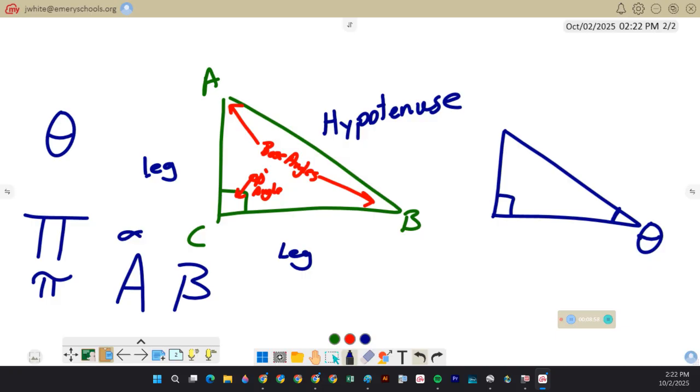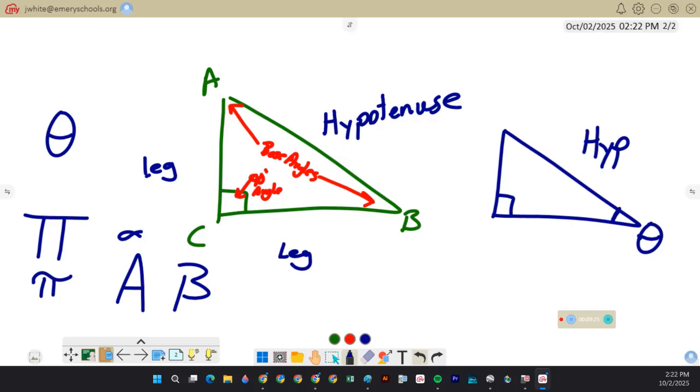Now, in this triangle, this is the hypotenuse. That's not up for debate. But the two legs are named according to how they interact with theta. So notice, one of the legs touches theta, and the other leg does not touch theta.